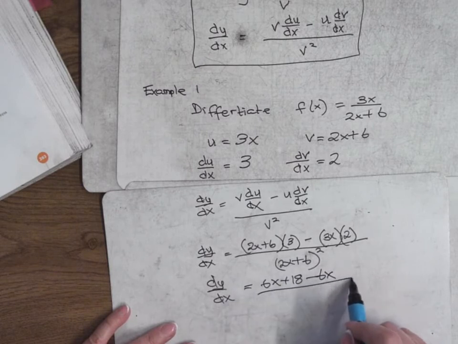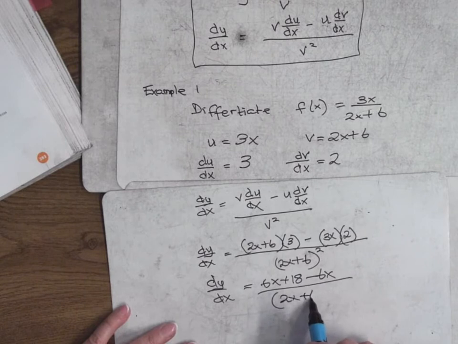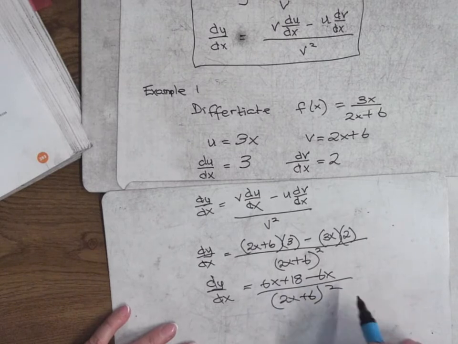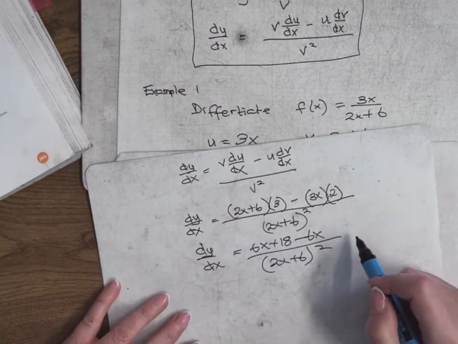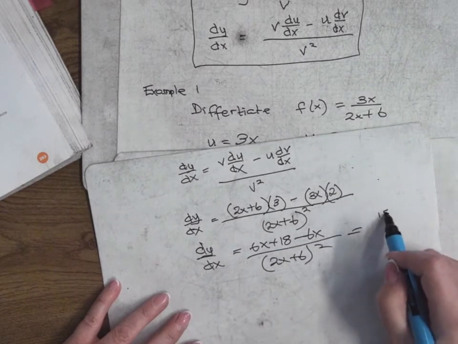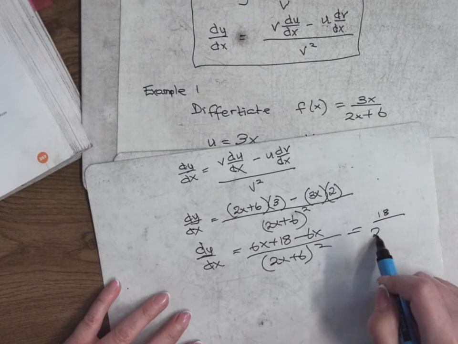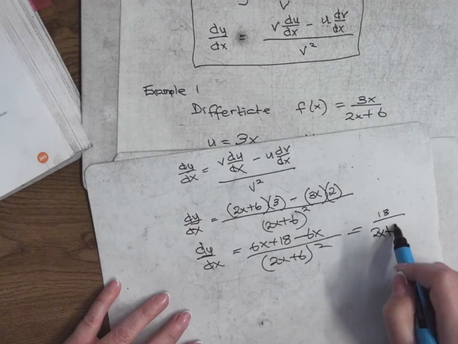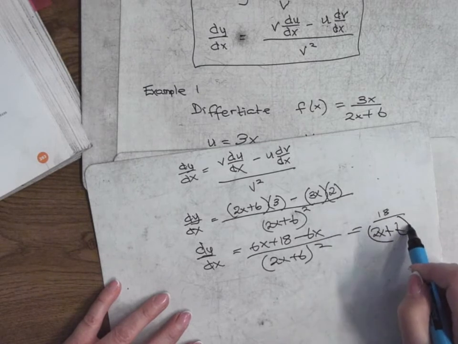And as I say, you'd never square out what's below the line. And then above the line, the 6x and the minus 6x cancel, you're just left with an 18. And below the line, you've got 2x plus 6 all squared, right?